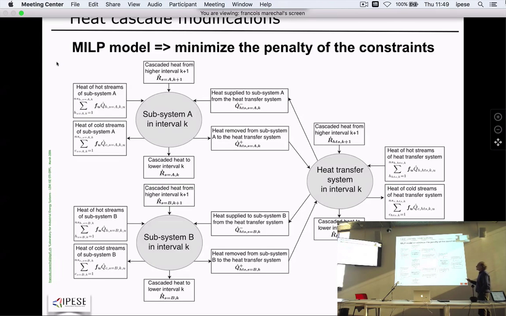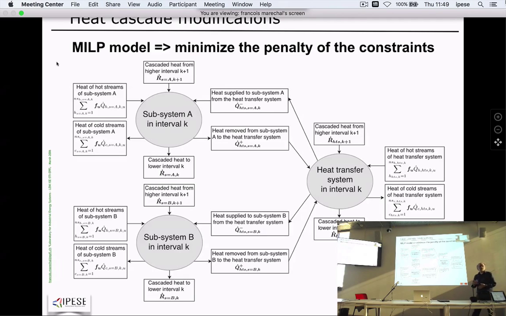What we are going to do is that we are going to write the subsystem heat cascade as different sets of equations. So instead of having one big heat cascade, we will have a list of heat cascades in which we will have to decide how much heat is transferred from this subsystem to the common system, which is the one that is allowed to exchange with all the other.